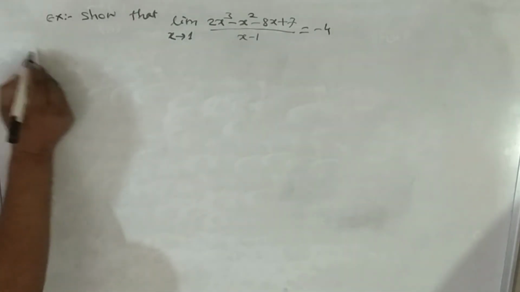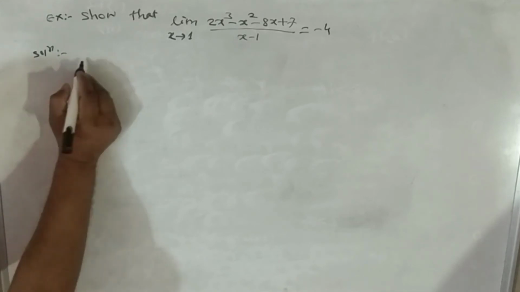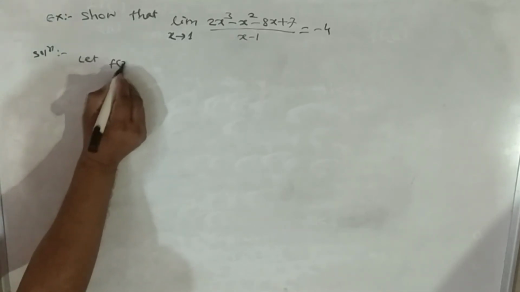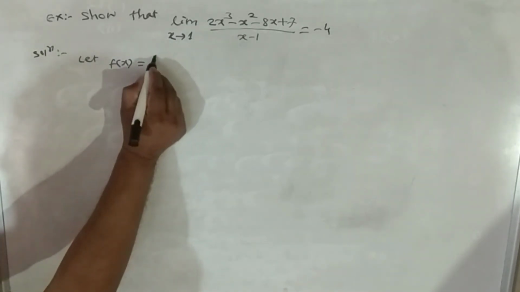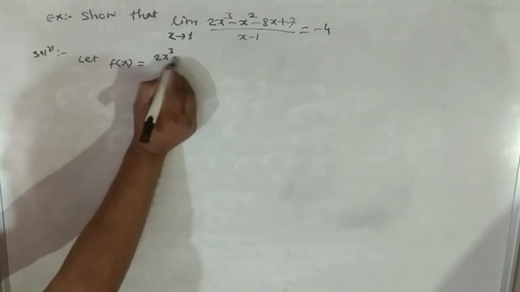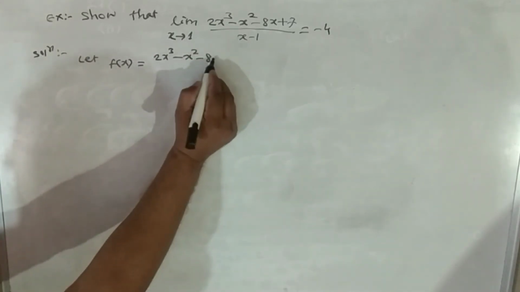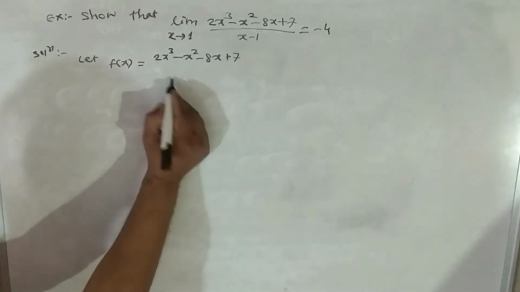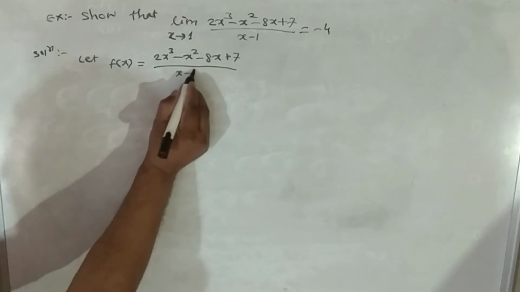Now see the solution. We have the function f of x equal to 2x cube minus x square minus 8x plus 7, divided by x minus 1.